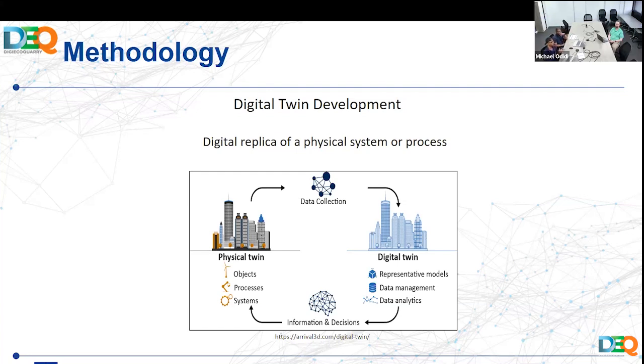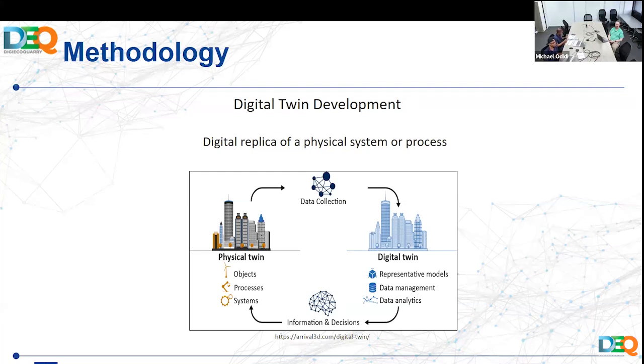So you have your physical twin, your physical process, which would have your different objects and different equipment. In order to formulate a digital twin, you need to collect data. So you need to set up measurement devices that will measure key variables and key parameters. You then collect that data, and it is fed into representative models.